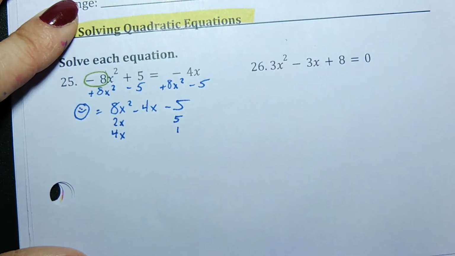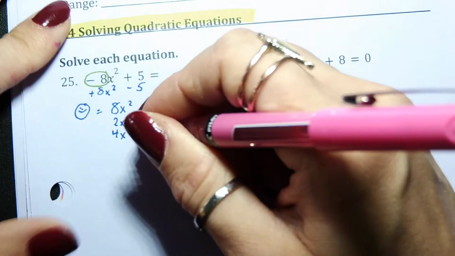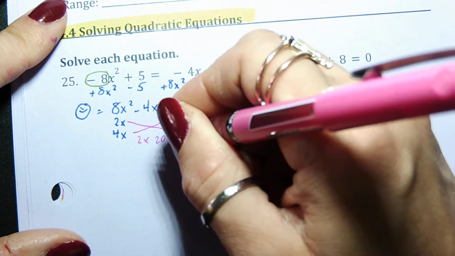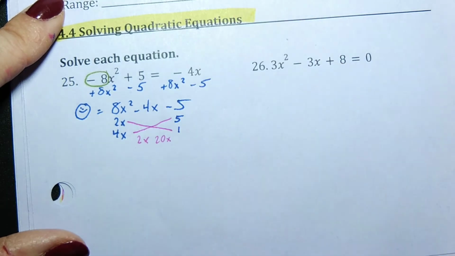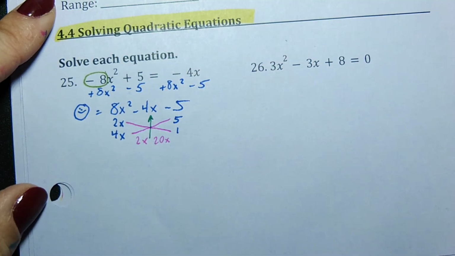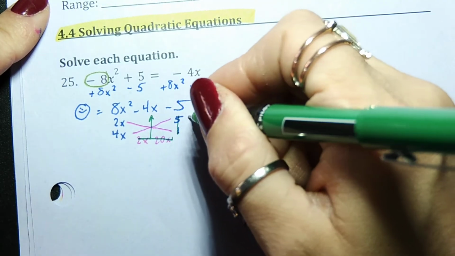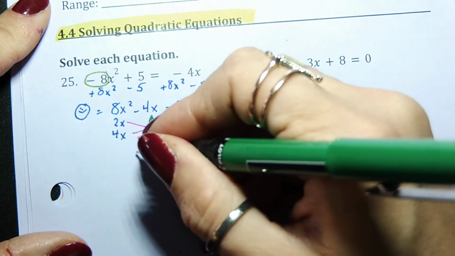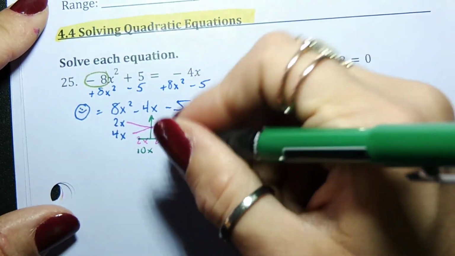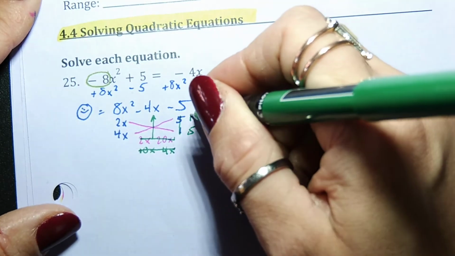And then 5 and 1. 2x times 1, 2x. 4x times 5, 20x. Is that going to get me to that sum of negative 4x that we want? That's a no. We flip them, 1 and 5. That gives me 10x. That gives me 4x. Yep, that's not happening either.